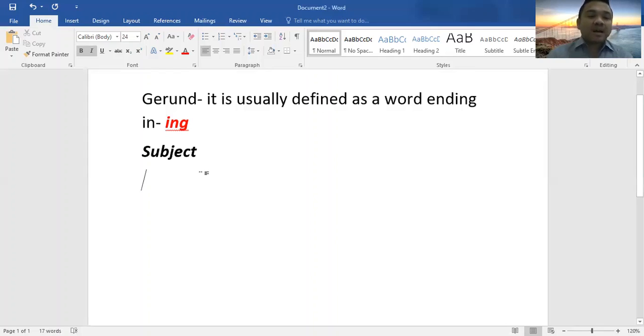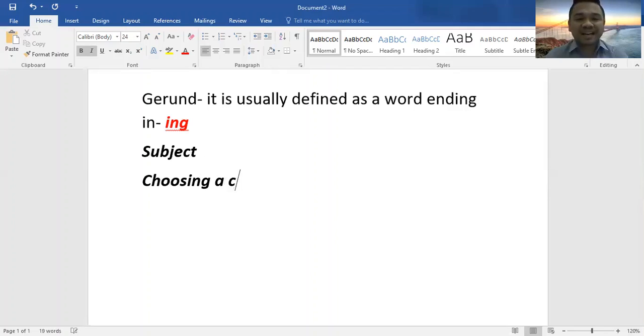Now, let's have an example of gerund as a subject of a sentence. From the word choose, we're going to add ing. And remember the lesson: when the verb ends with e, delete the e and add ing. So choosing.